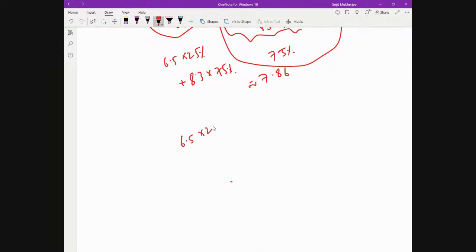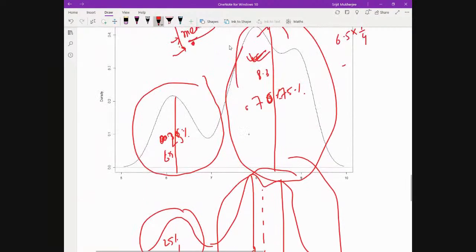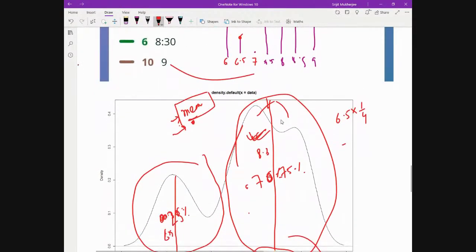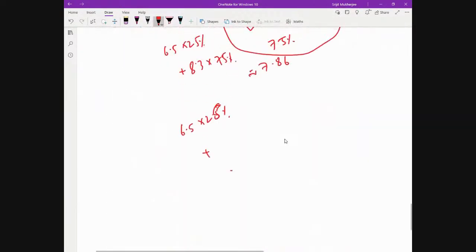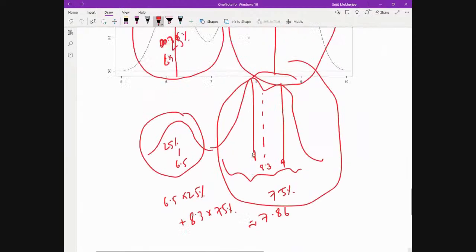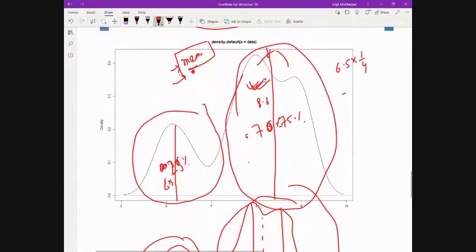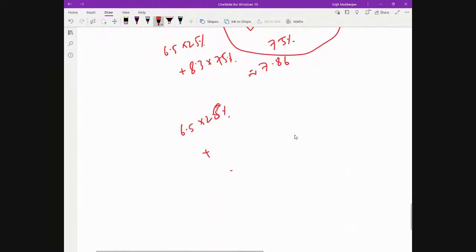Here again, it's 6.5 with 25%, plus, let's say this just shifts. The 8 goes to 9, like the height of 8 goes to the height of 9. So it will shift in a similar way. In fact, it will be more towards 8 because 8 has much more weight on the left-hand side. So it will be around 8.5 into 75%.